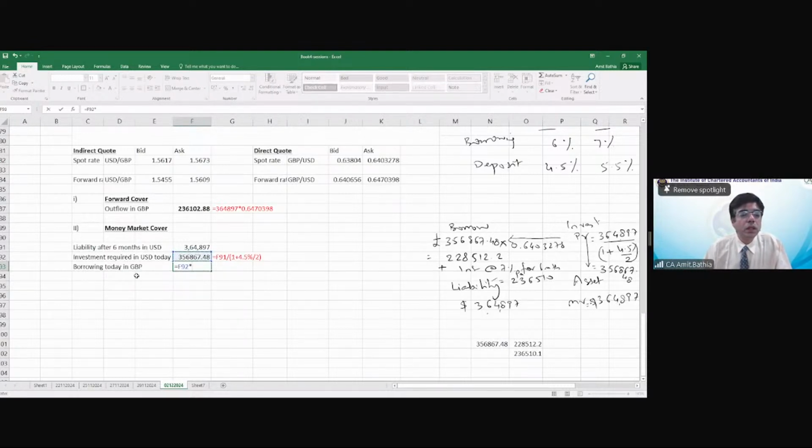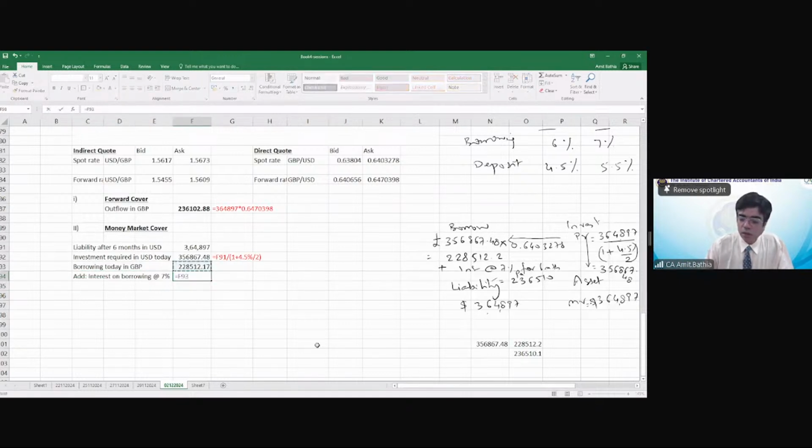Today the rate is 0.6403278. So I get 228,512.2, and then I will add interest on borrowing at 7% for 6 months.